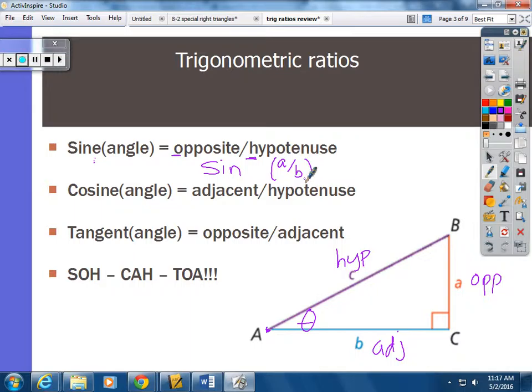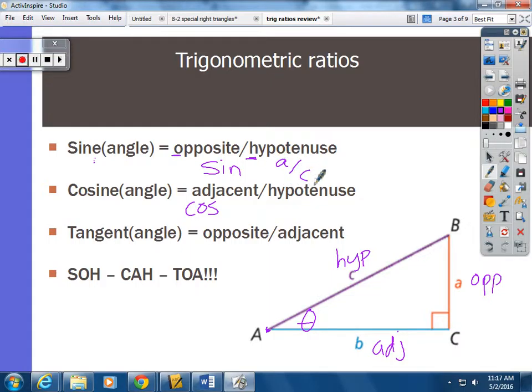Cosine is adjacent over hypotenuse. In this problem, we abbreviate it COS, but we say cosine. And it would be A over C. I'll bet you guys caught that.